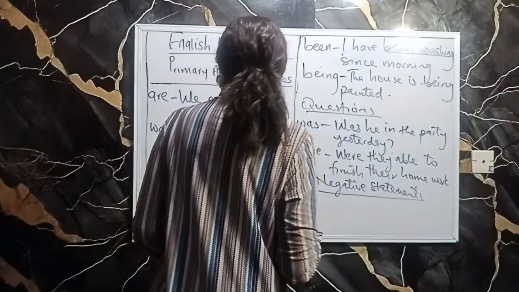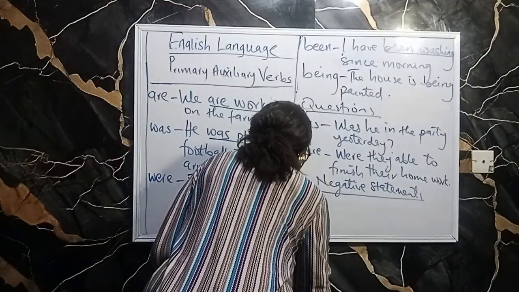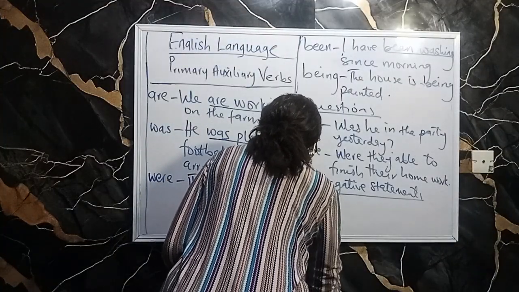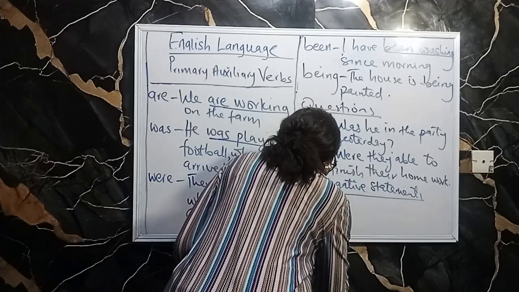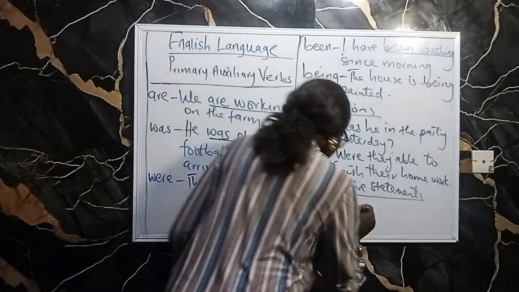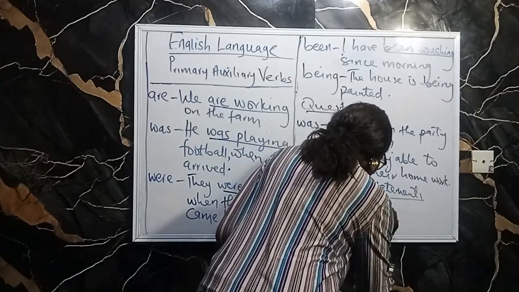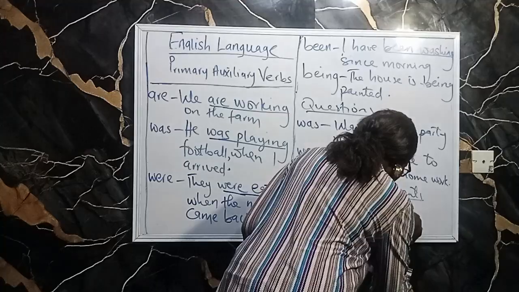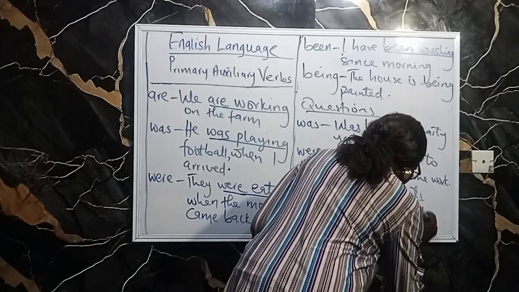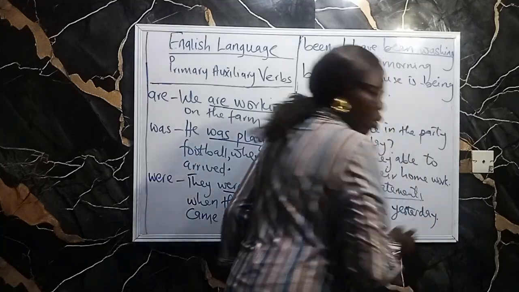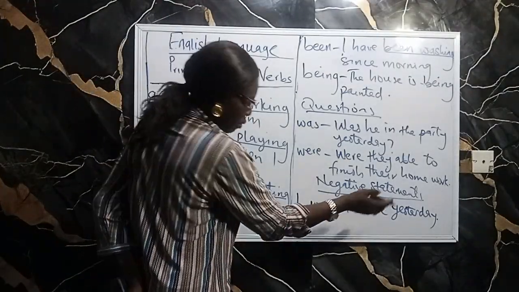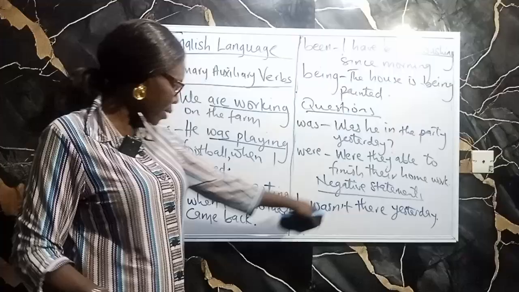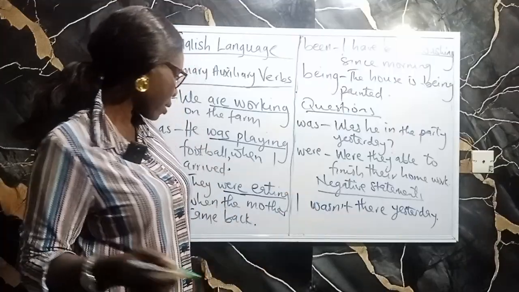Let's write, for example, I wasn't there yesterday. I wasn't there yesterday. See, it's the same thing as saying I was not there yesterday. So wasn't is a negative statement.